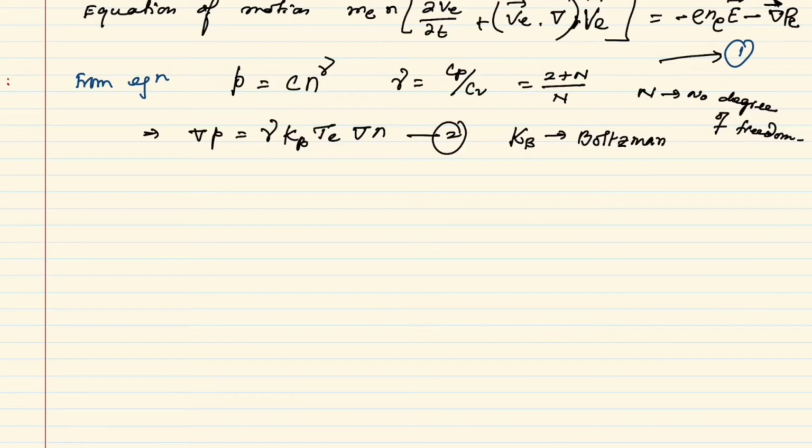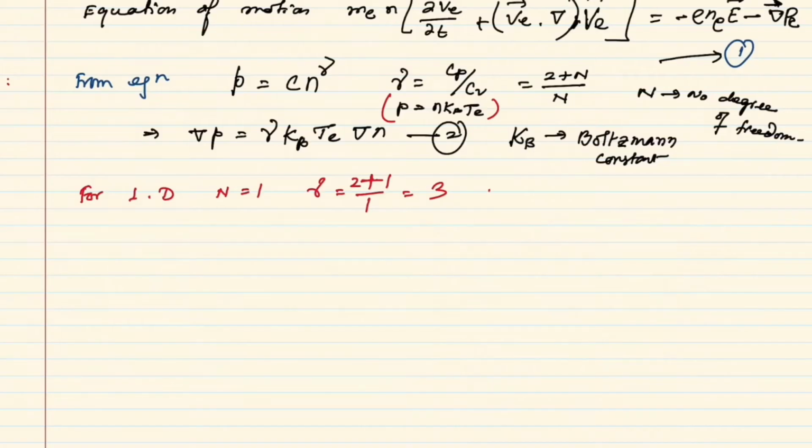Remember, to derive this from the equation of state we have used P is equal to n K B T e. I have skipped the derivation since it was shown in lecture 10. For the one dimensional case, capital N is equal to 1, so gamma will be equal to 2 plus 1 by 1, that means 3.